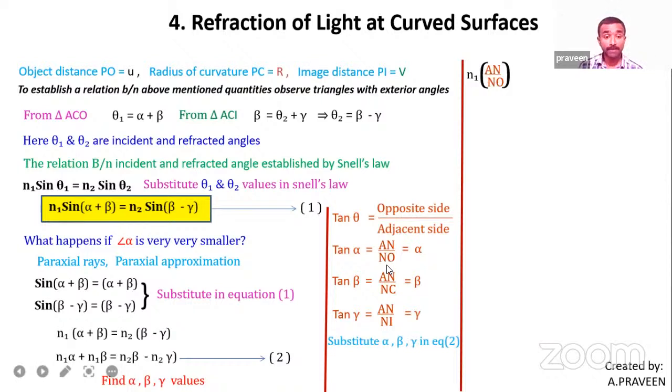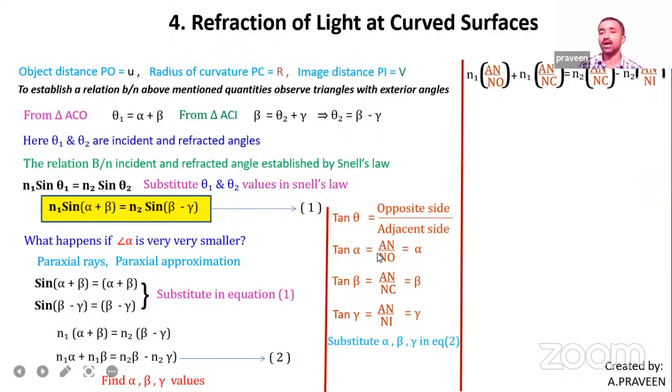Next plus n1 into beta, with beta value AN by NC, substituted. That is equal to n2 into beta, AN by NC, minus n2 into gamma, where the gamma value is AN by NI.